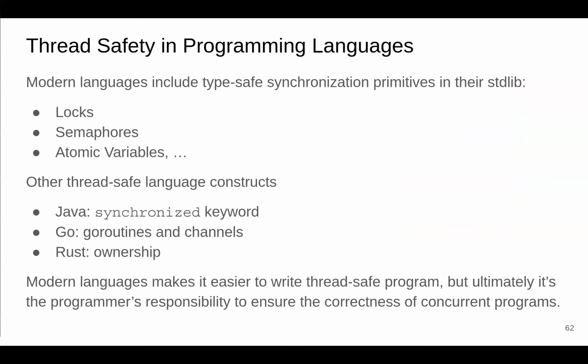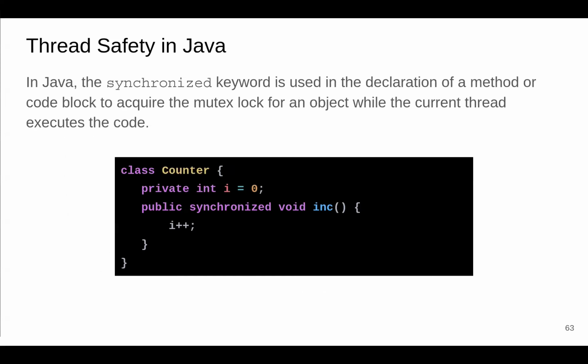If there are multiple threads trying to execute the same method on this object, they would have to wait. In Go, we have goroutines and channels, and in Rust we have ownership. And these modern language features make it easier to program a thread-safe program. It's still the programmer's responsibility for correctness.